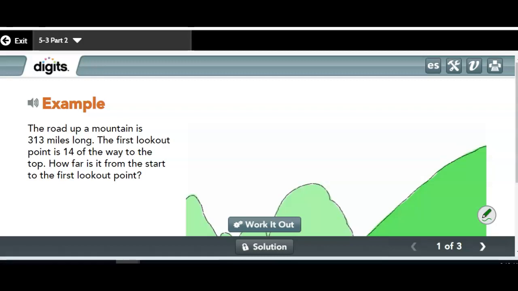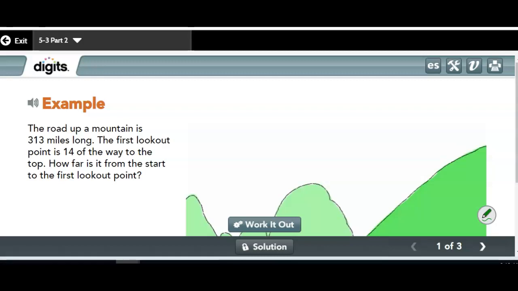Raise your hand if you have no idea. Okay. All right. So it says the road up a mountain is 3 1/3 miles long. The first lookout point is 1/4 of the way to the top. How far is it from the start to the lookout point? We are trying to find 1/4 of 3 1/3.